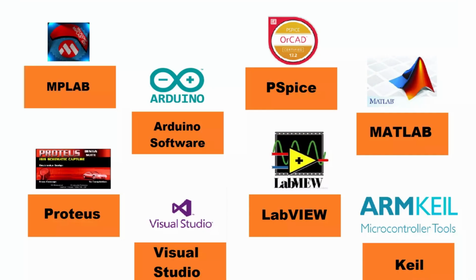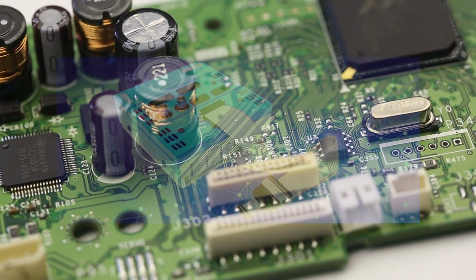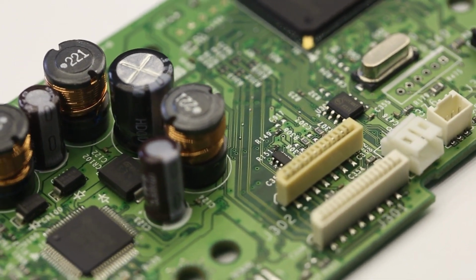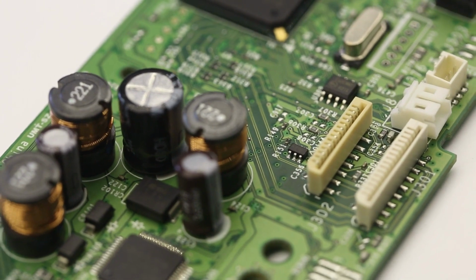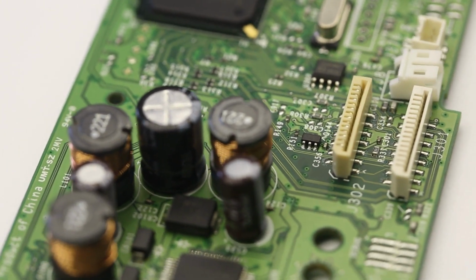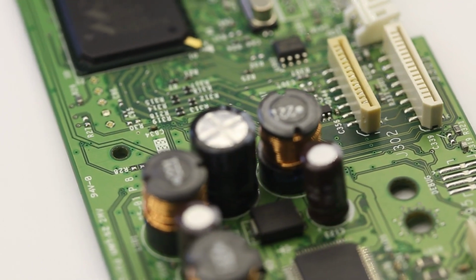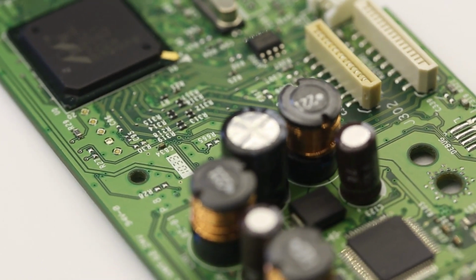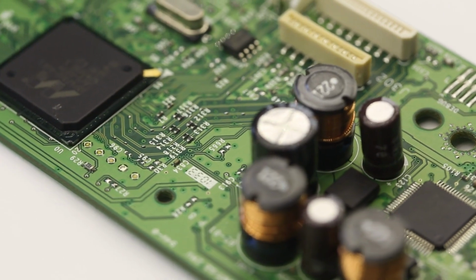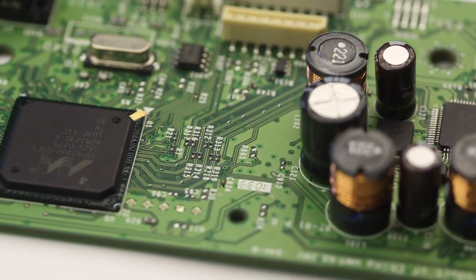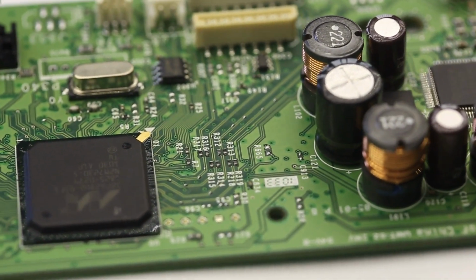Become proficient in using development tools such as integrated development environments (IDEs), compilers, debuggers, and programmers. Engage in projects that align with your interests and career goals, whether it's building a home automation system, designing a robotic vehicle, or developing an IoT device. Hands-on experience will reinforce your theoretical knowledge and help you develop problem-solving skills essential for real-world embedded development challenges.